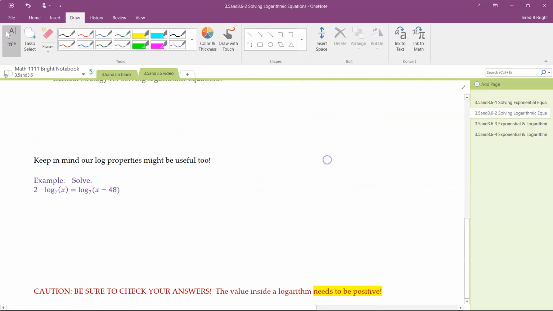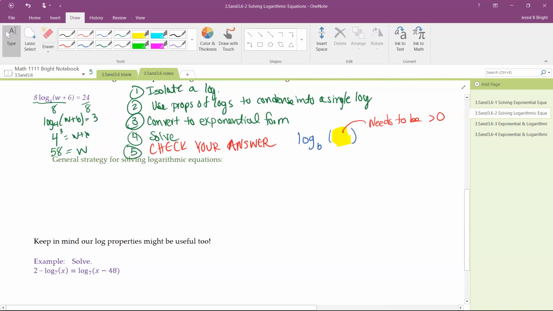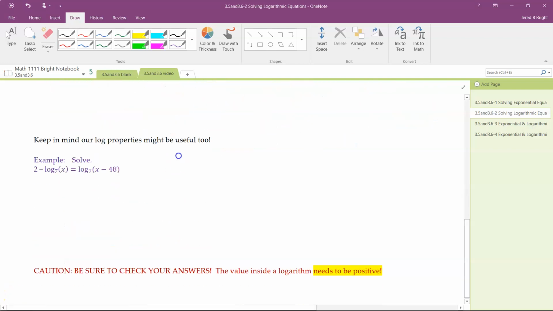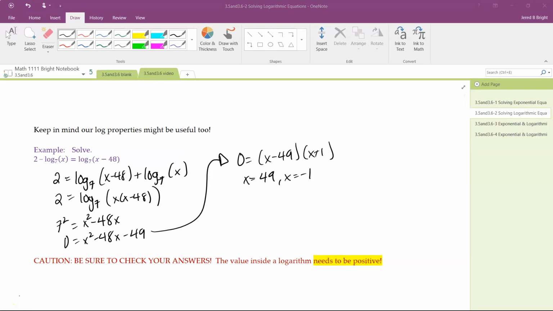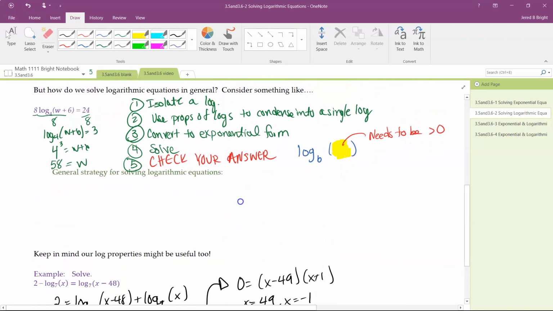So why don't you pause the video here and try this general strategy out. Try and use this with this next example. And here's my answer. So I isolated a log. It was actually given to me as isolated, so I did number one. That was the given.